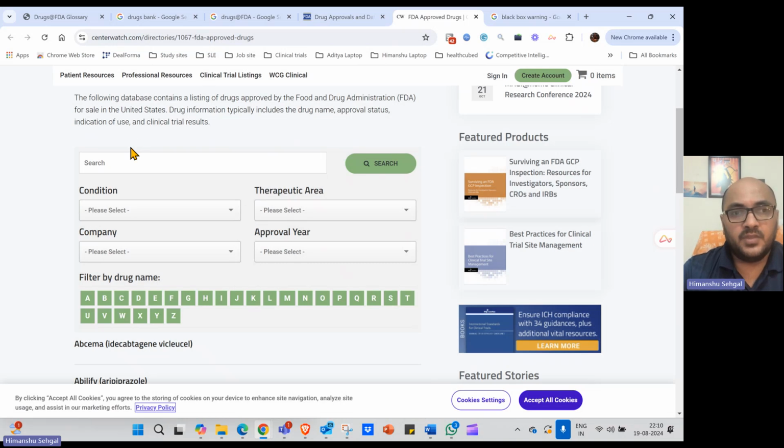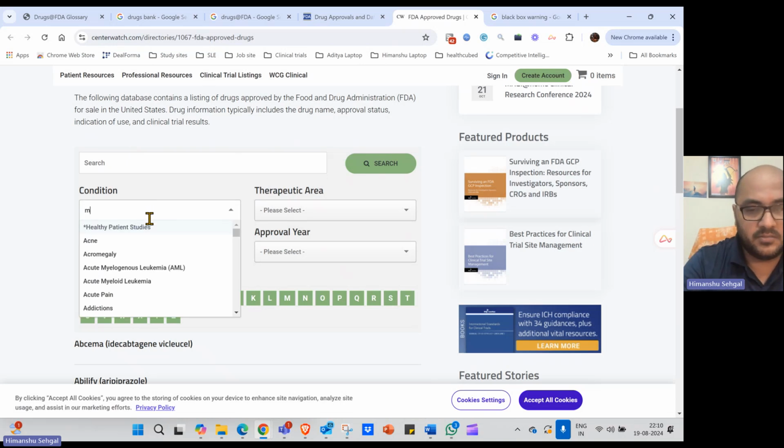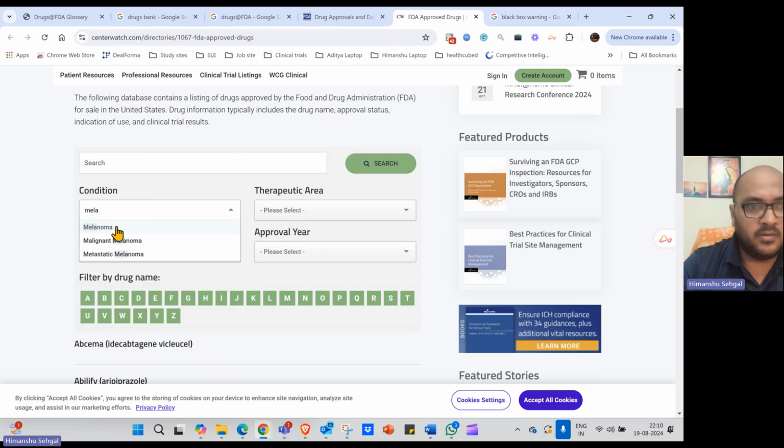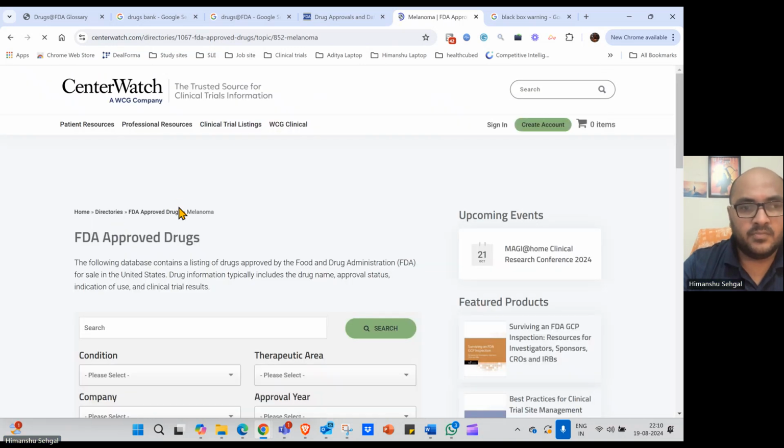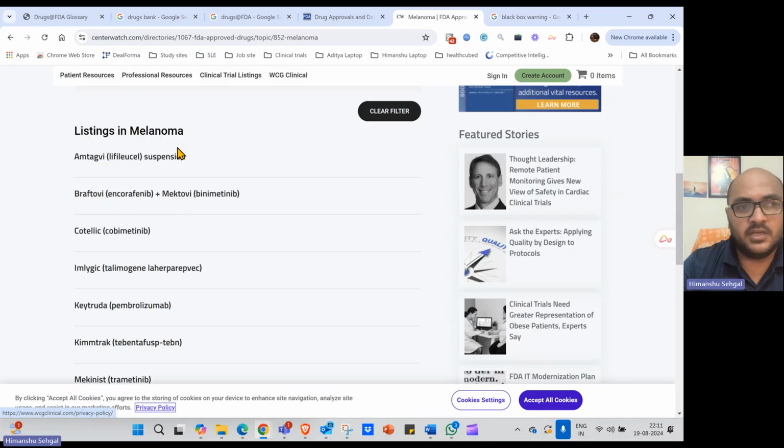So let's just again have a scenario. This scenario is I want to check which are the drugs which are approved in melanoma, let's say. Okay, so condition is melanoma. Nothing else, only melanoma. See, it started showing me melanoma.